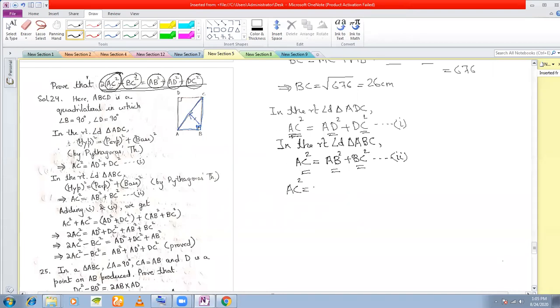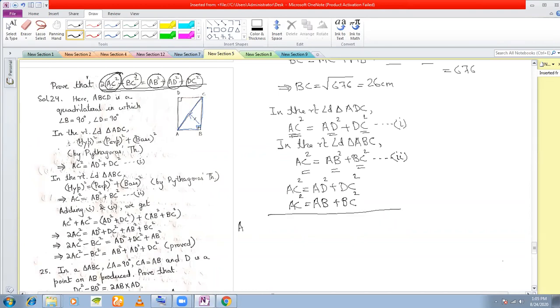We write these two once again. AC square is equal to AD square plus DC square. We write this one on top of the other. Why are we doing this? We are doing this because we want to add the two.